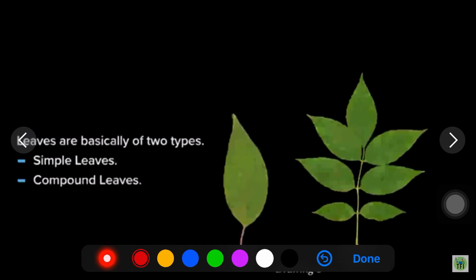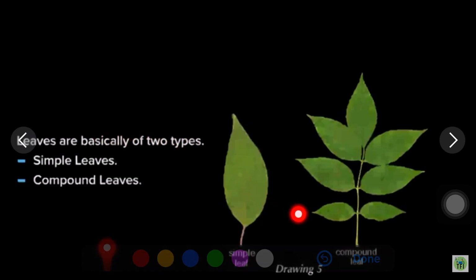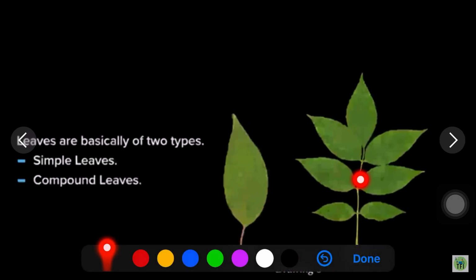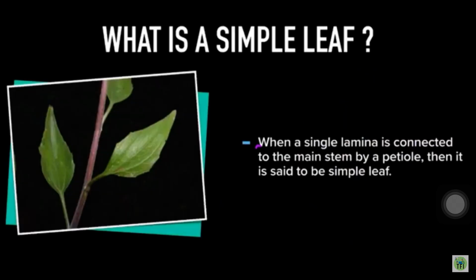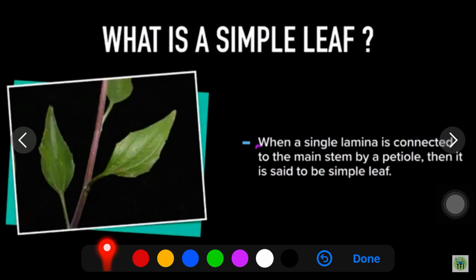Students, leaves are basically of two types, simple leaves and compound leaves. Let us see what a simple leaf is. When a single lamina is connected to the main stem by a petiole, it is said to be a simple leaf.